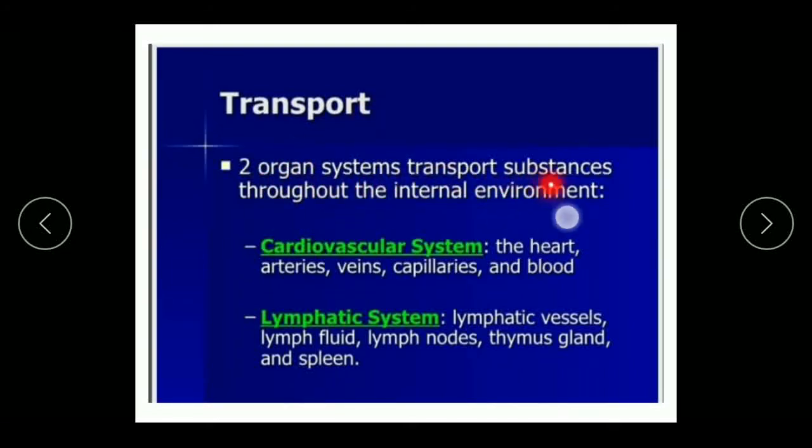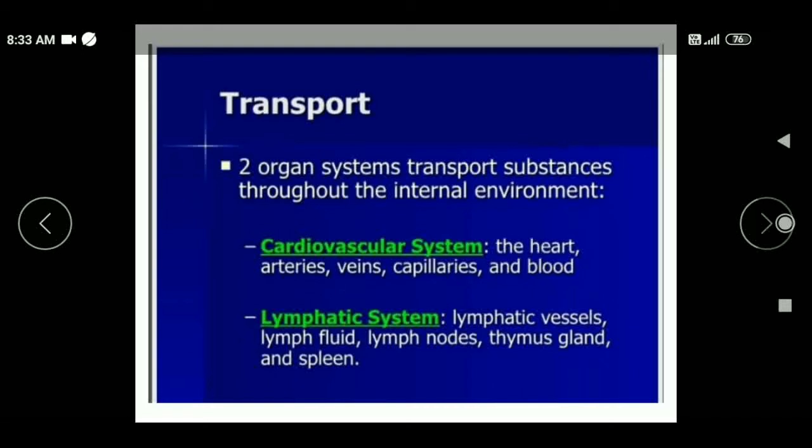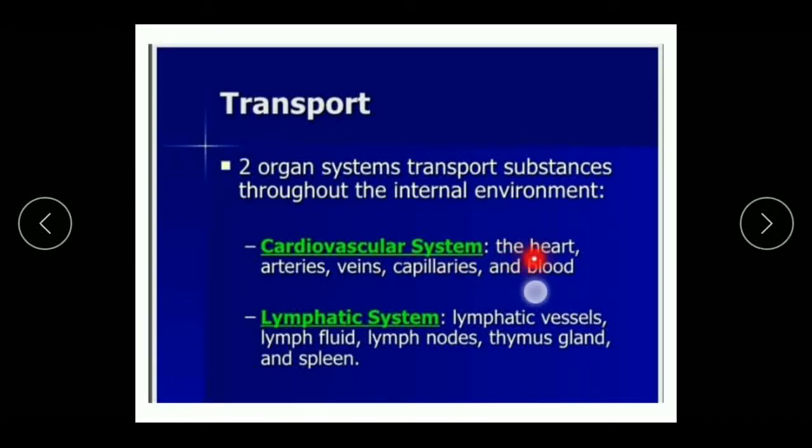Two organ systems transport substances throughout the internal environment: the vascular system, or circulatory system, or cardiovascular system, and the lymphatic system. The cardiovascular system consists of the heart, blood and blood vessels. Blood vessels are classified into three types: arteries, veins and capillaries.